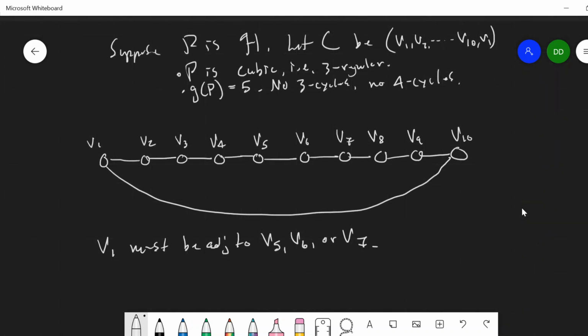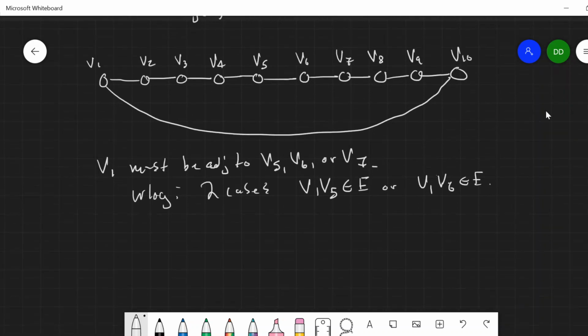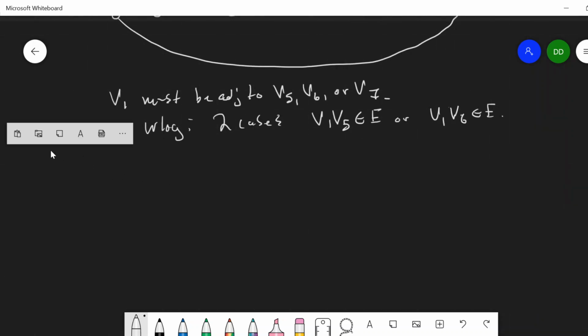So without loss of generality, we have two cases: V1, V5 is an edge, or V1, V6 is an edge. So we'll deal with this V1, V5 case first.